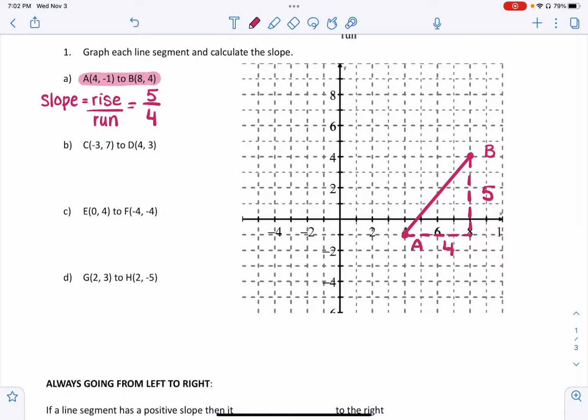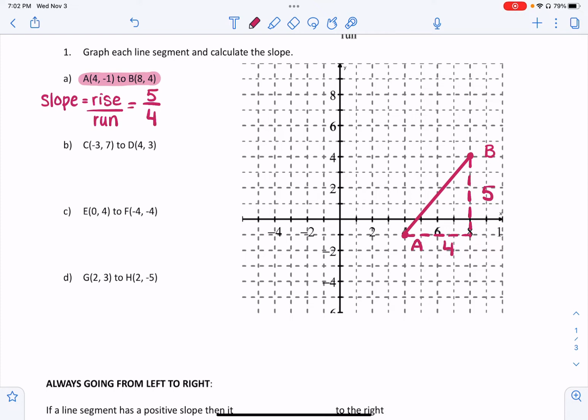There we go. The last piece that we want to do is we want to look at our line and we want to just verify that our slope makes sense. And this is challenging to do when you first start, but as we practice, you'll get better and better at understanding if your answer makes sense. So I'm going to look here and notice how our line is going up to the right.